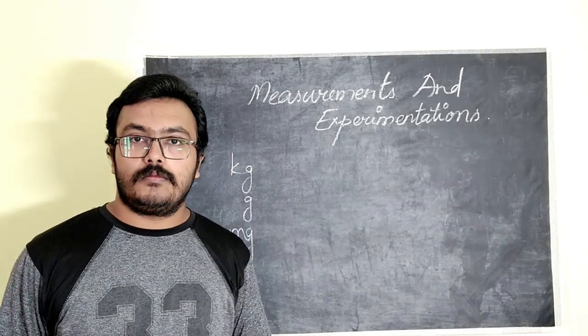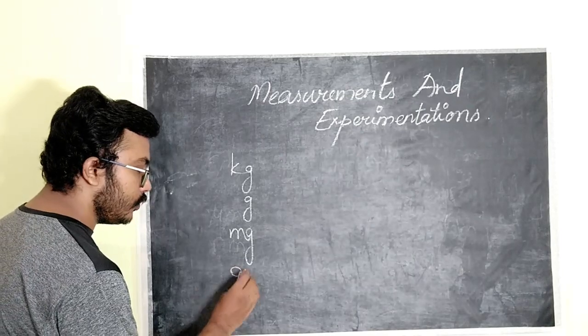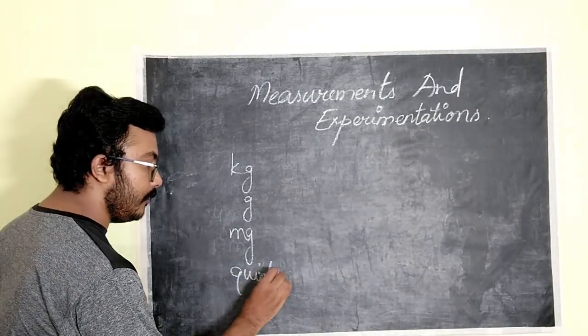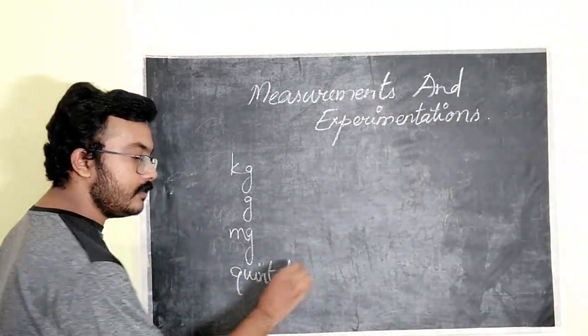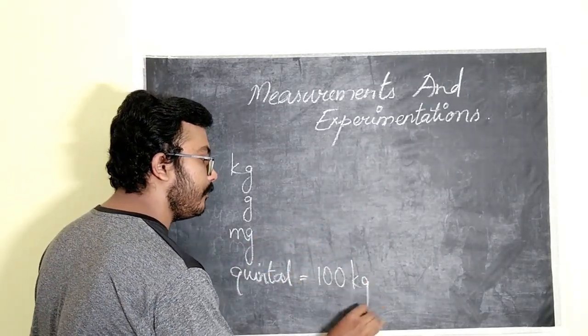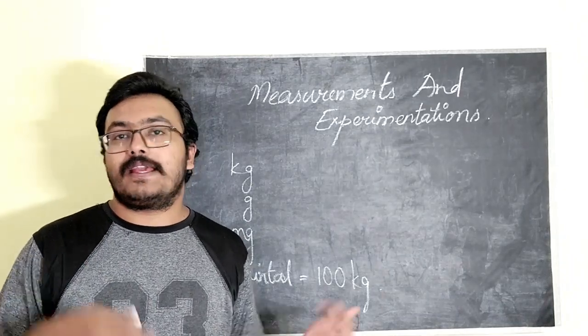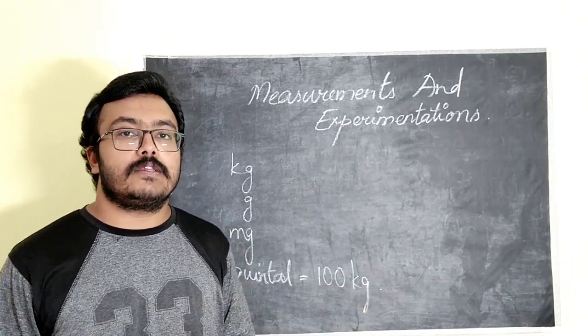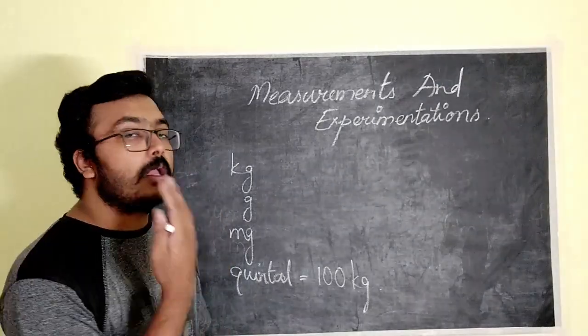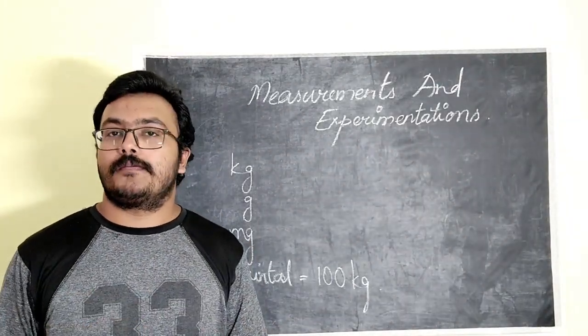Similarly, mass can be expressed in terms of quintal, which is equal to 100 kg. Then there is something called metric ton, etc. So there are so many ways in which you can measure mass in terms of different units.